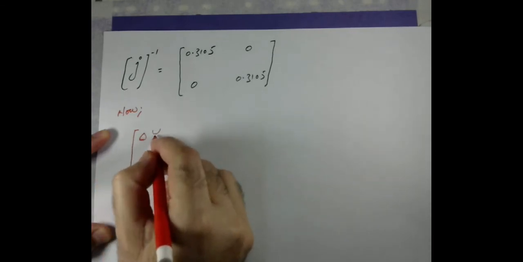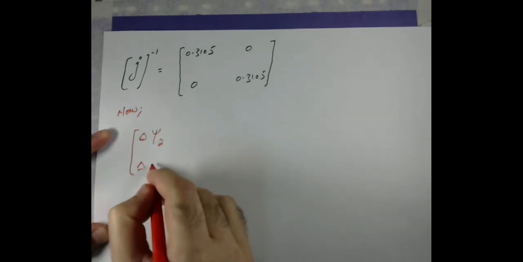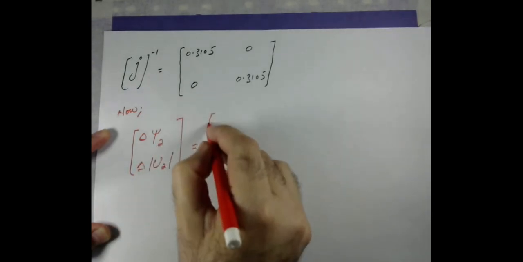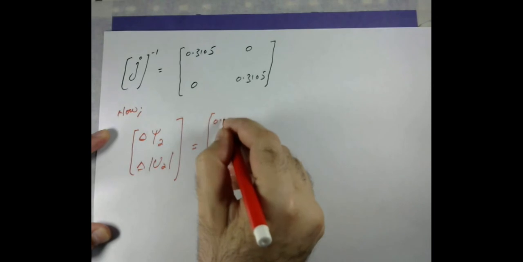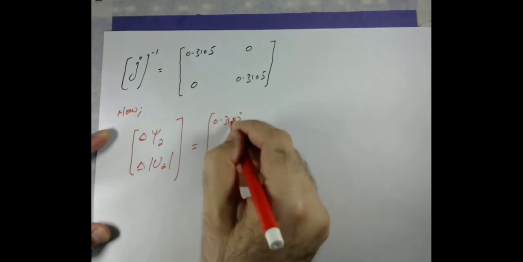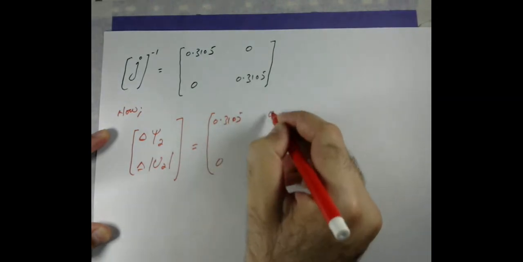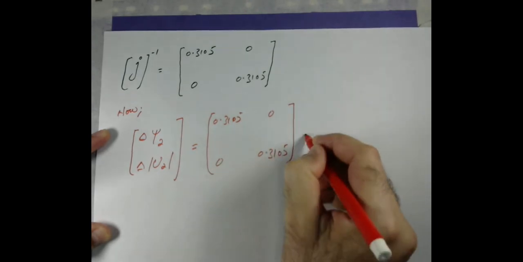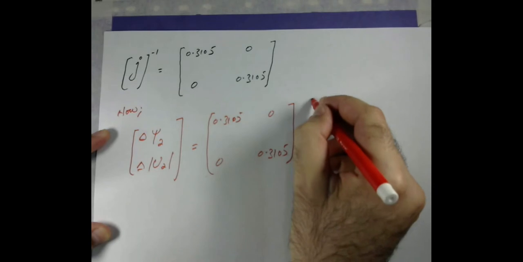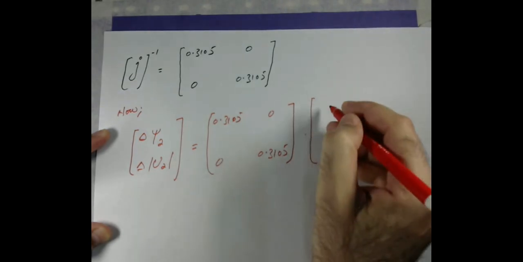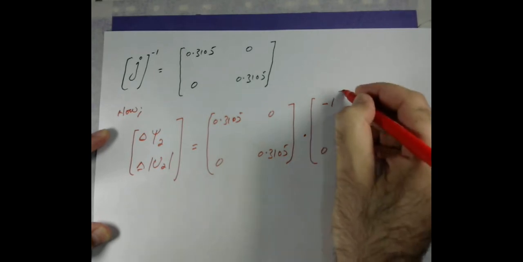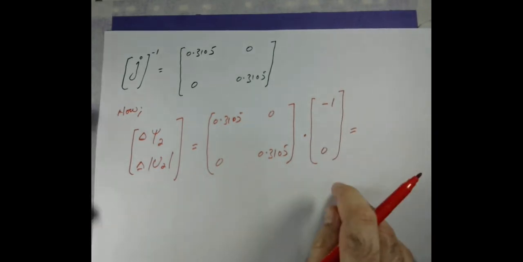So I will directly write it: the error in the angle and the error in the voltage magnitude will be equal to the Jacobian inverse, which is the same as this matrix, 0.3105 0 0 0.3105. Now taking the product with the power mismatch, which is -1 and 0, we will get the value.